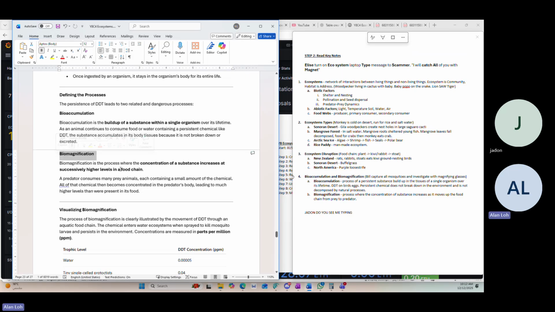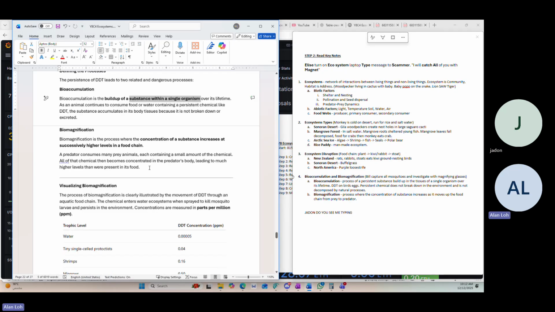Biomagnification is when you eat prawns that have high DDT built up in their bodies, and you eat many of this type of prawns, so the concentration of the substance will increase as you go higher in the food chain.